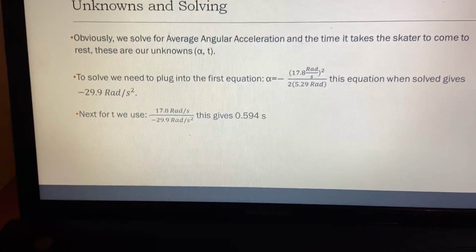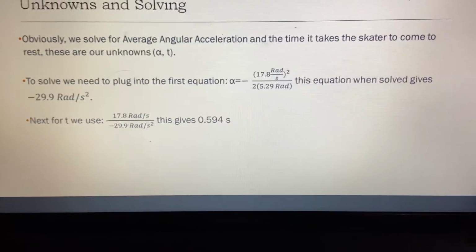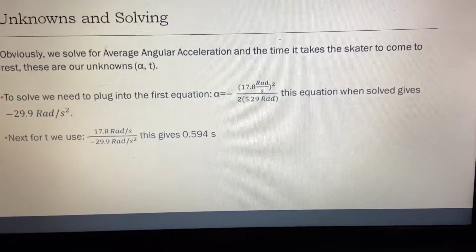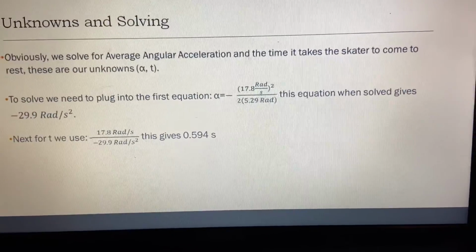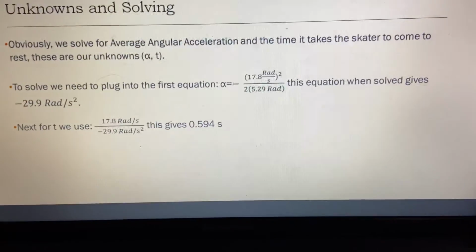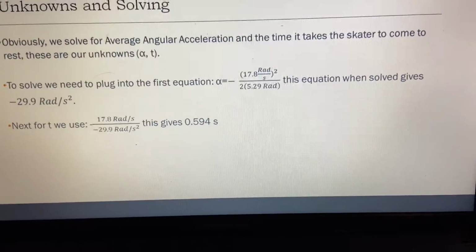Now, to solve for our angular acceleration, the formula that we're going to place it into is angular acceleration equals negative 17.8 radians per second squared, positive, divided by 5.29 radians. That's our theta.